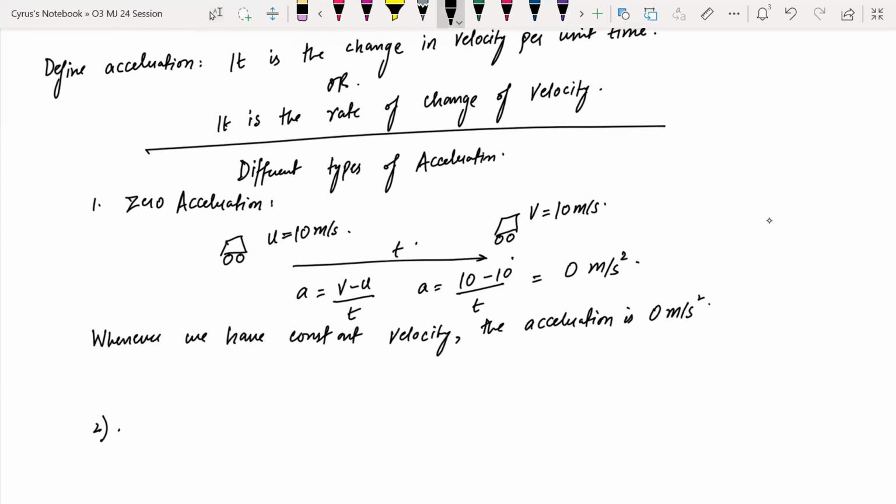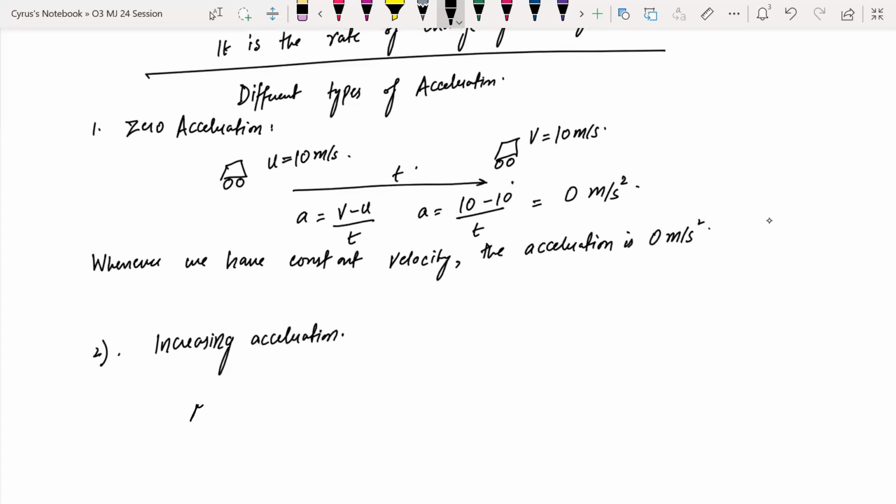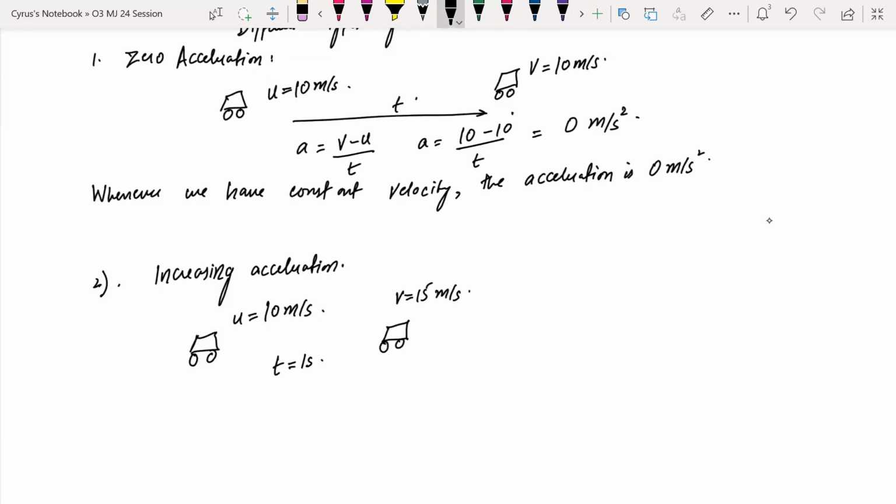Number 2 is increasing acceleration. So we have here, let's say a car which had initial velocity 10, the final velocity was 15, the time was 1 second. So acceleration is 15 minus 10 over 1, which is 5.